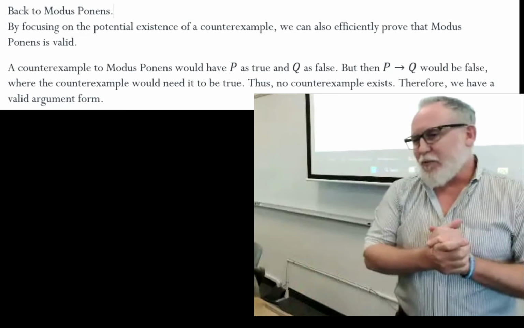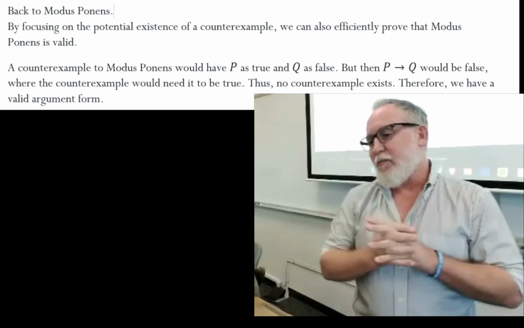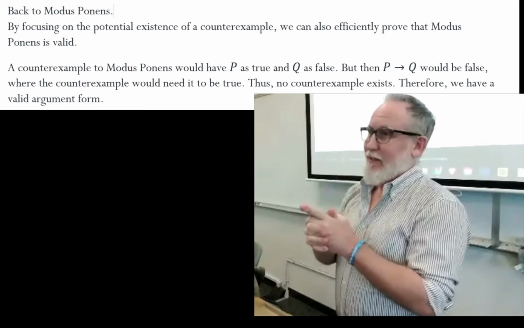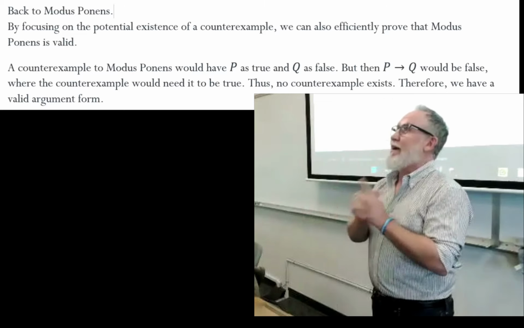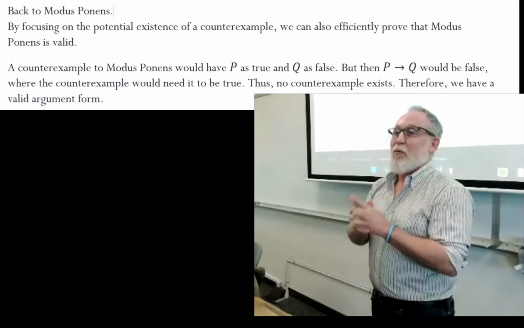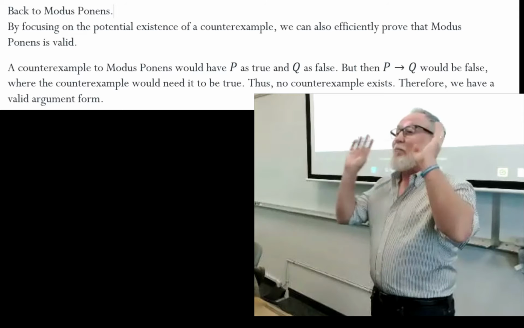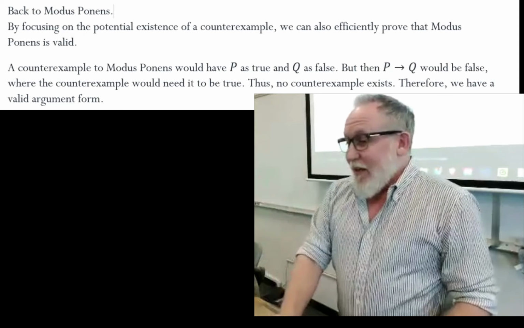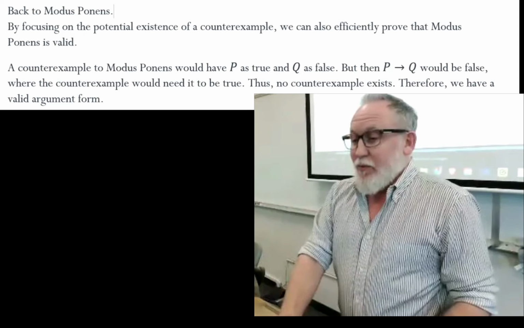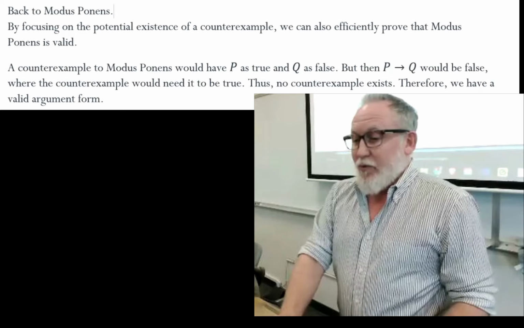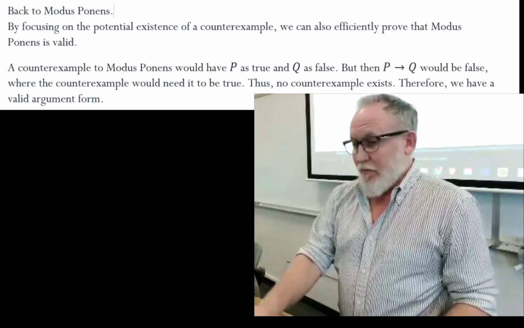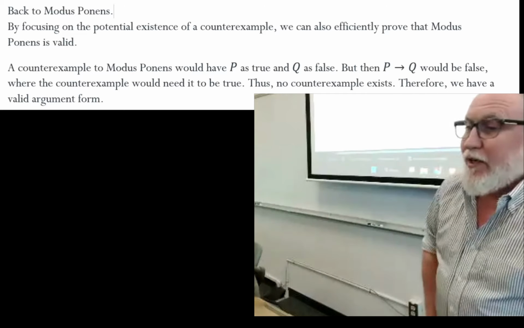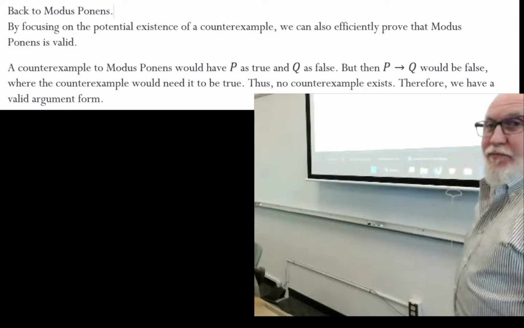All right, so then back to modus ponens. Now, focusing on the potential existence of a counterexample. We know that there is no counterexample to modus ponens, but we're going to focus on the possibility that there might be a counterexample. And that gets us to an efficient proof. So this is it right here. A counterexample to modus ponens would have P is true and Q is false, right?